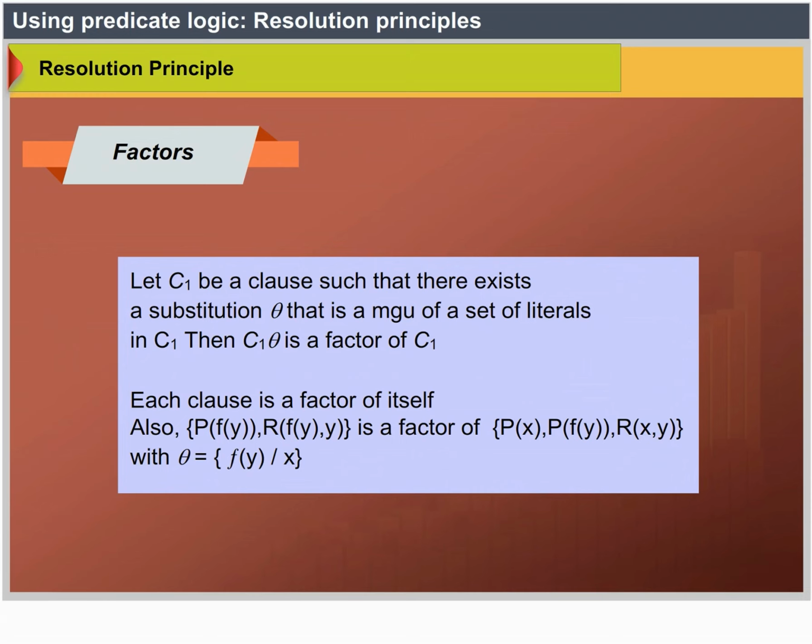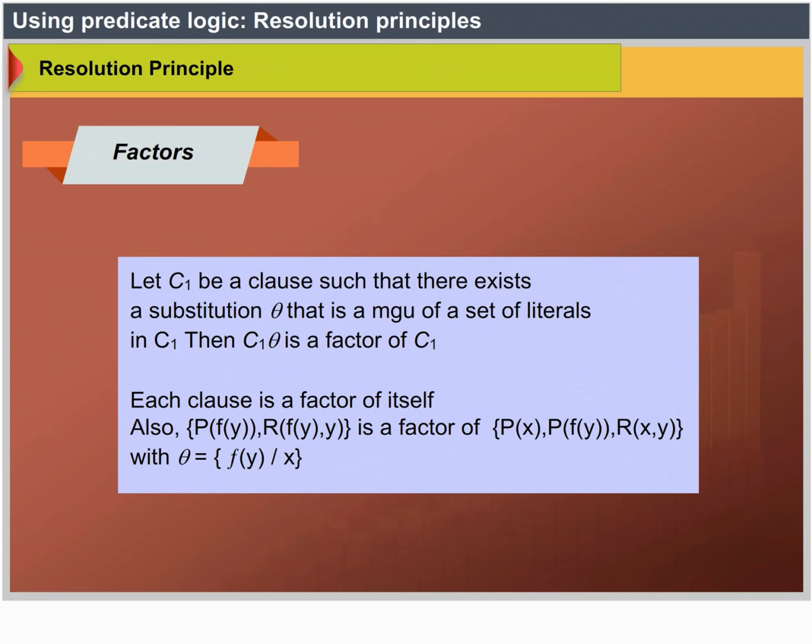Then C1 theta is a factor of C1. Each clause is a factor of itself. Also, P(f(y)), R(f(y), y) is a factor of P(x), P(f(y)), R(x, y), with theta equal to f(y)/x.